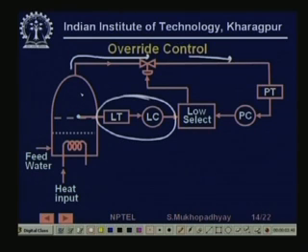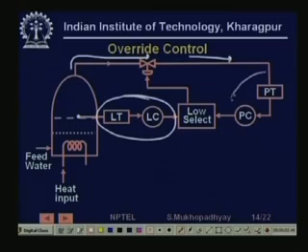On the other hand, the pressure of the steam should not go beyond a certain limit, because that may cause leaks, that may cause accidents. So if the pressure goes over a certain limit, then the pressure control mechanism should take precedence.